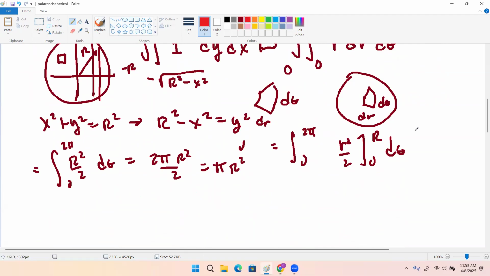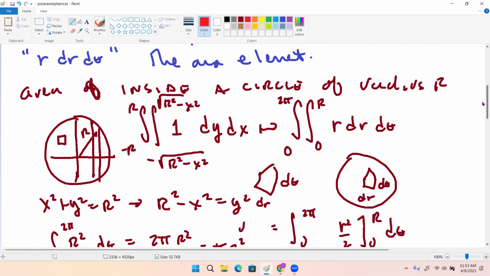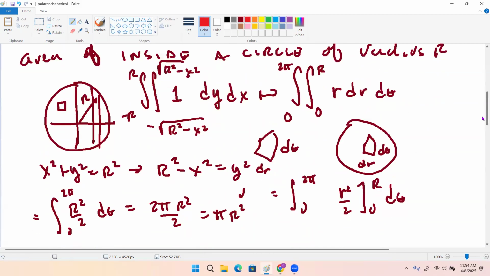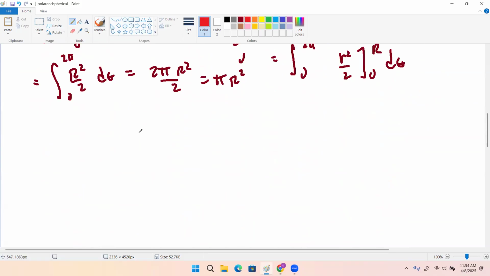Well, let's look at this whole integral right here. This integral, you can see, is the integral of r over a rectangle in our r theta space. So let's just draw a coordinate system like this, where this axis is r and this axis is theta. And let's see what's going on here.